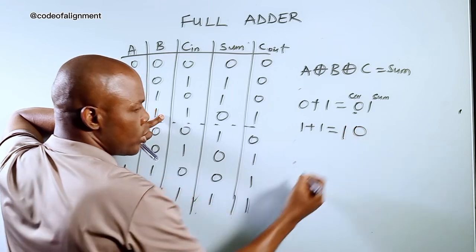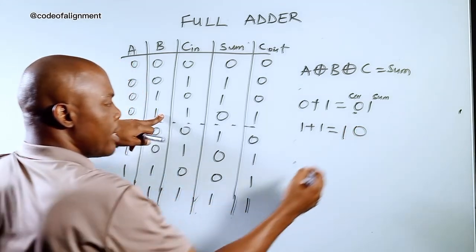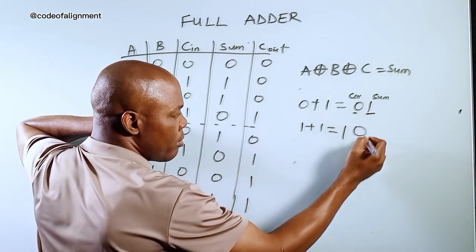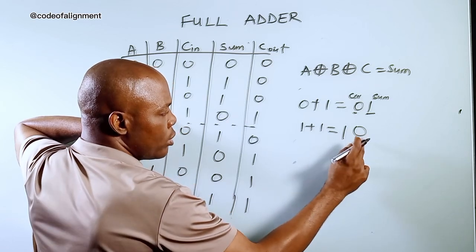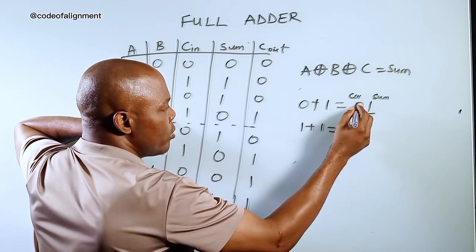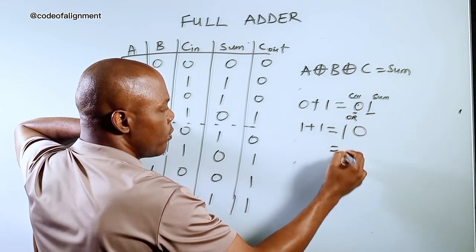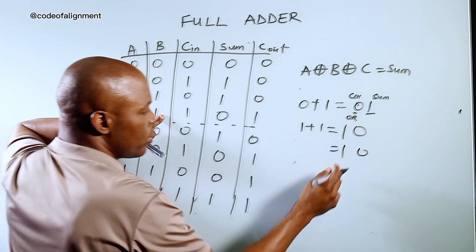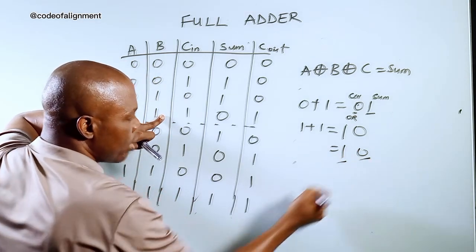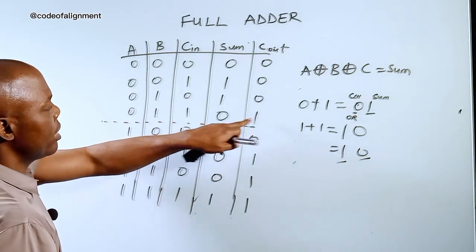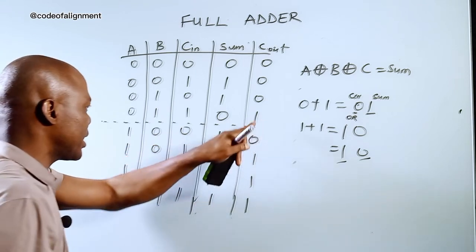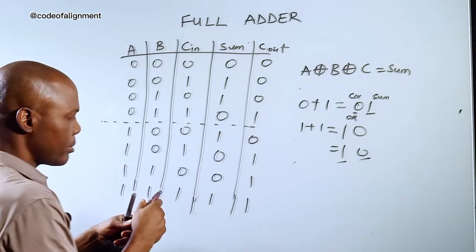Carry is 1 and sum is 0, right? So this one was partial sum. This is final sum. So if the final sum is 0, then you look at the first carry and the second carry. So you OR it. So this will give you what? 1, 0. So final carry is 1. Sum is what? 0. Sum is 0. Final carry is 1.